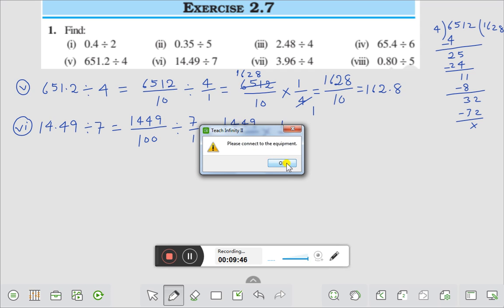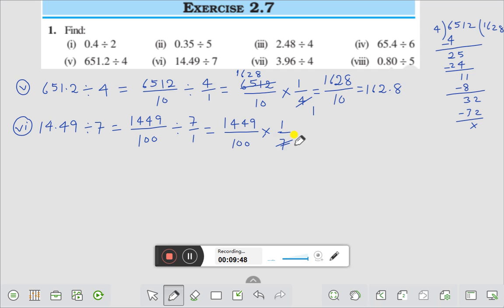And we divide 1449 by 7, that is 7 1 is 7, 7 2 is 14, 4 is 0, 7 7 is 49, right? That is we are getting 207 by 100. If we divide 207 by 100, you have to shift the point to the left side 2 digits, 1, 2, that is 2.07.